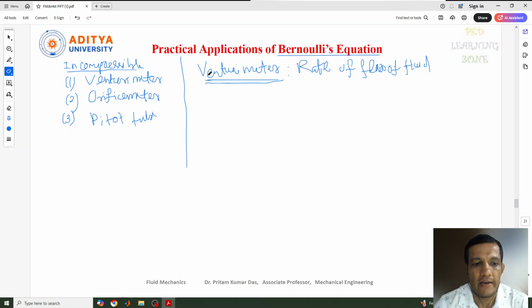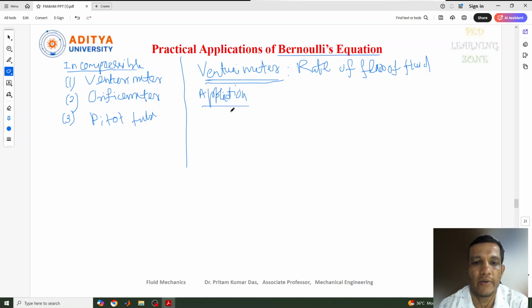Next, this venturimeter contains a few parts also, and I'll tell you the parts. But before going to the explanation of the venturimeter parts, let me tell you some applications of this venturimeter. It can be applied in different areas.